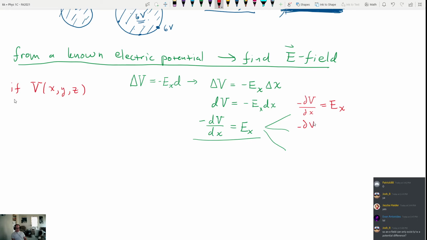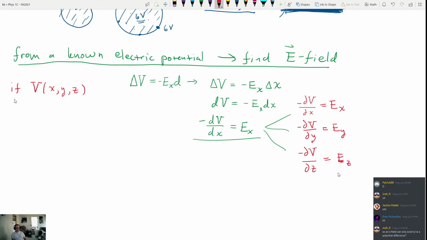If you take the partial derivative of the potential function with respect to y, you get the y component of the electric field with a negative sign. And if you do the same thing for the z direction, you get the z component of the electric field.